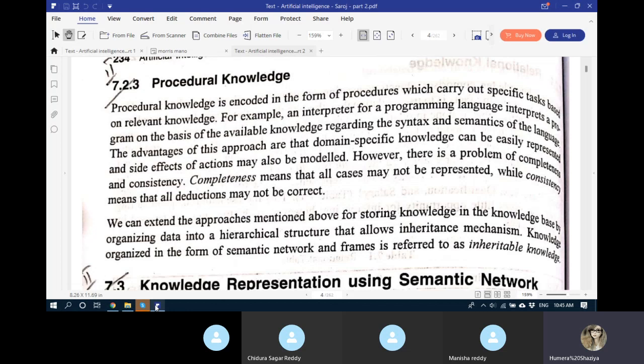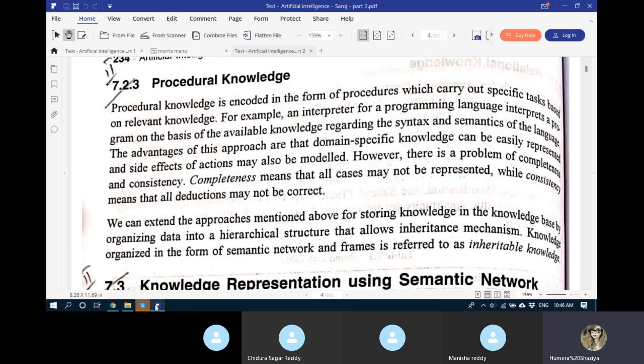For instance, an interpreter for a programming language interprets a program on the basis of the available knowledge regarding the syntax and semantics of the language. If syntax and semantics of the language is known, then the interpreter can interpret whether the program is right or wrong.